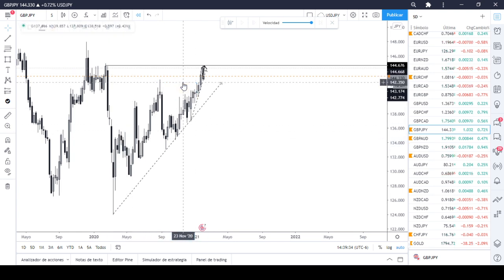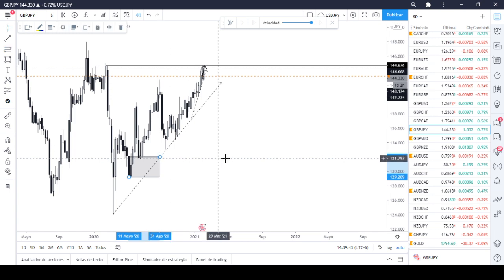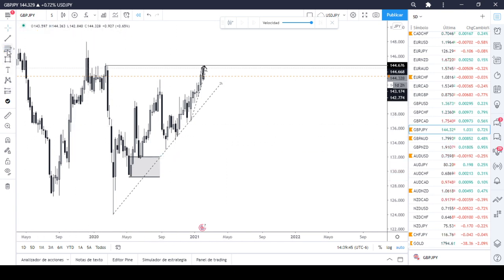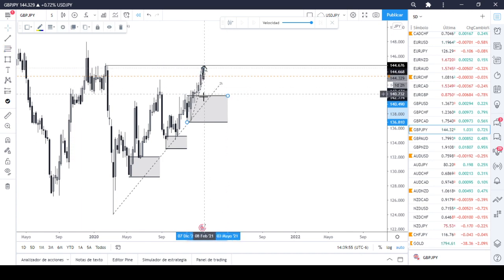That's telling me that there are not enough sellers, and supply and demand zones are respected. We have a demand zone there, another demand zone here, and a very weird demand zone here. Price went up, then retraced here and went up again. So demand zones are being respected and supply zones are being removed.